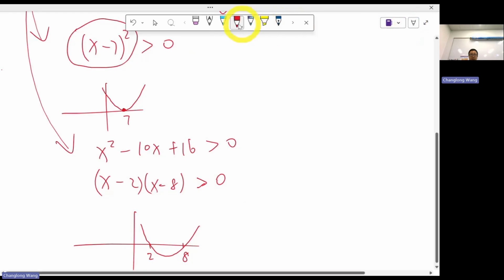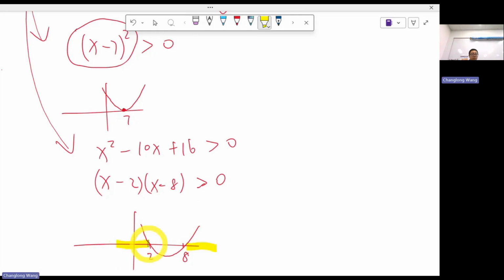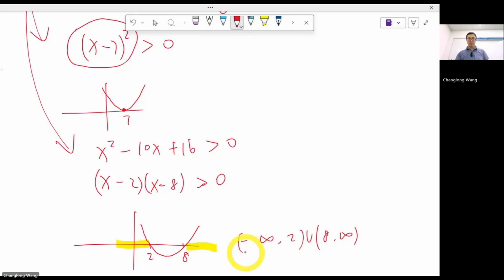So let me highlight the part that you could look at. It's going to be either to the right of the 8 or to the left of the 2. Only in those two intervals will the function value be above the horizontal axis. That's what you want. So it'll be from negative infinity to 2 union 8 to positive infinity. Okay.